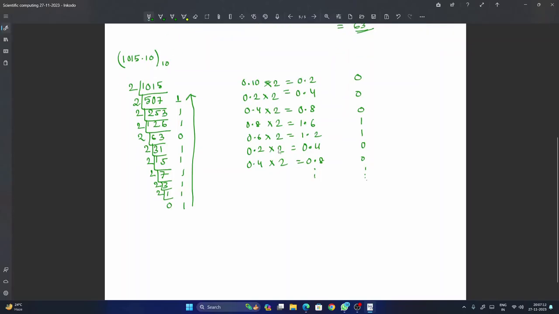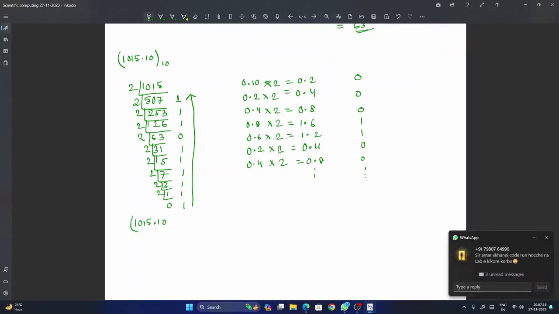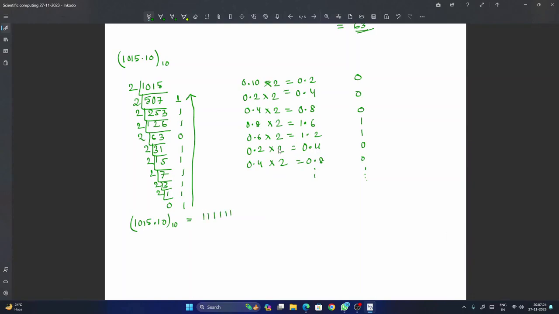So that means your 1015.1 in decimal is equal to 1111110111.0001100, and this way it will continue.